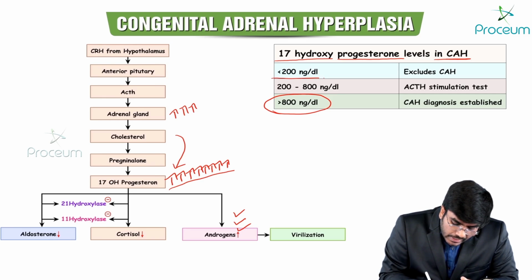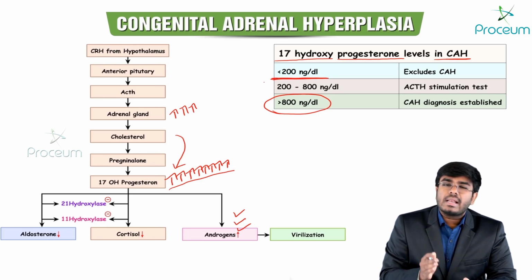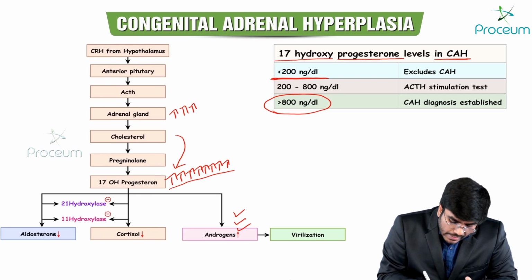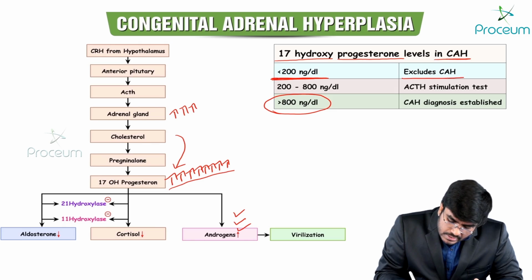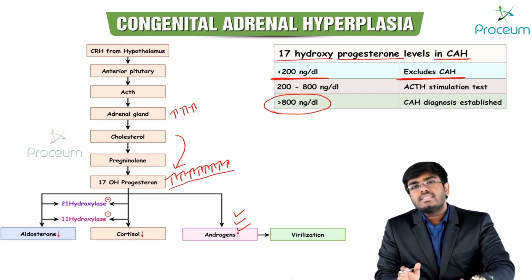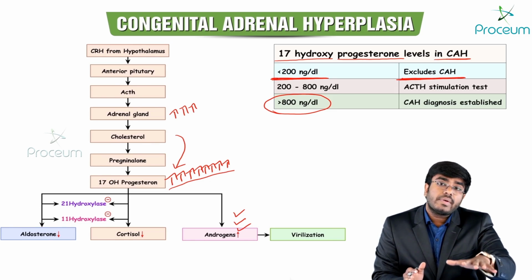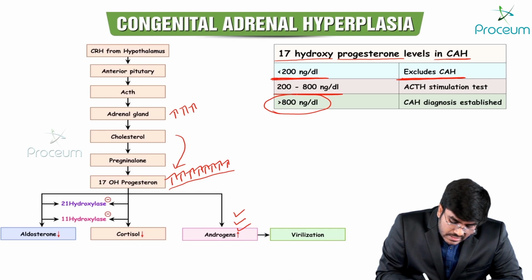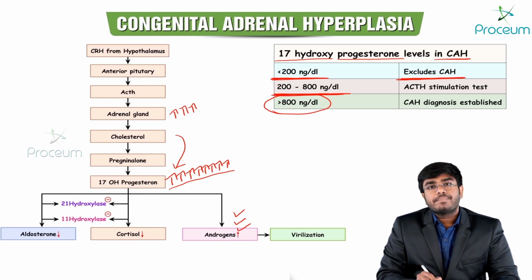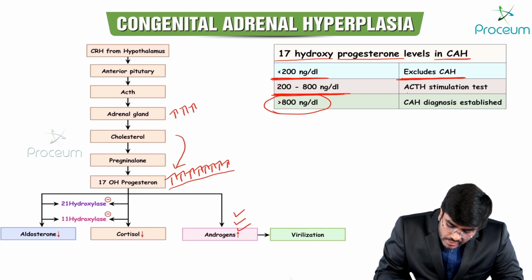If the 17-hydroxyprogesterone levels are less than 200 nanograms per deciliter, you need not think about CAH. See, CAH diagnosis is excluded. Why? Because if it is CAH, there will be lots and lots of 17-hydroxyprogesterone. And if the range is between 200 to 800 nanograms per deciliter, then you can go for an ACTH stimulation test.